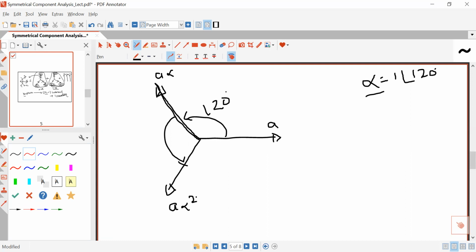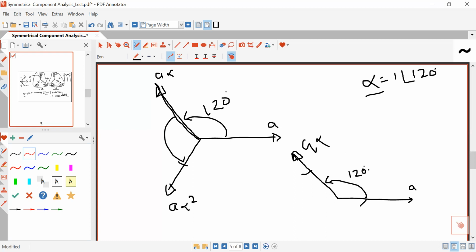In addition, various properties of the alpha operator were covered in the previous video, so you should go through that video for better understanding of symmetrical component analysis. The second thing you must remember: if this is a vector A, and I ask what the phasor representation of this vector is if this angle is 120 degree and the length of these two vectors is the same, then your answer will be A alpha.